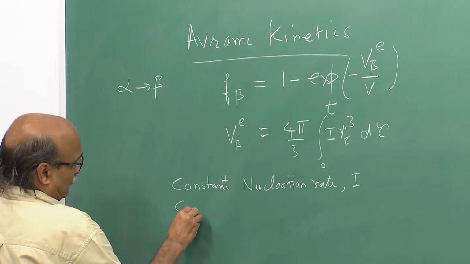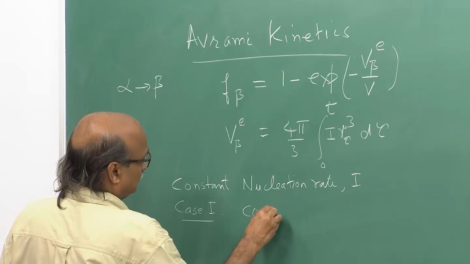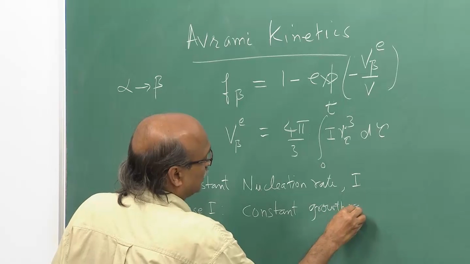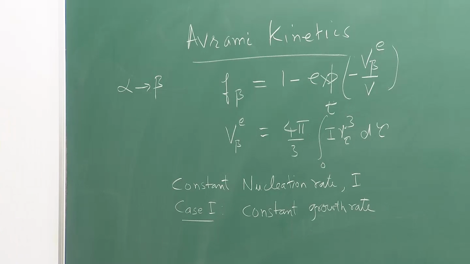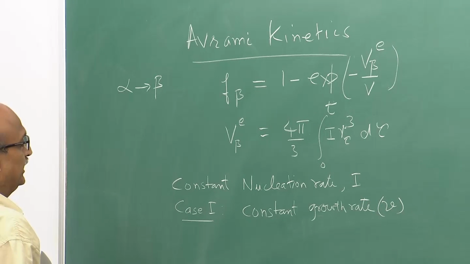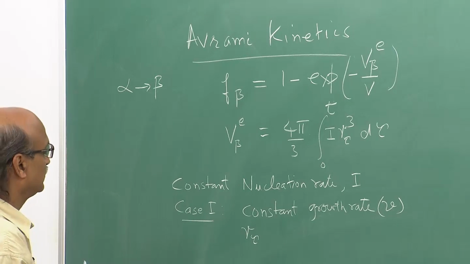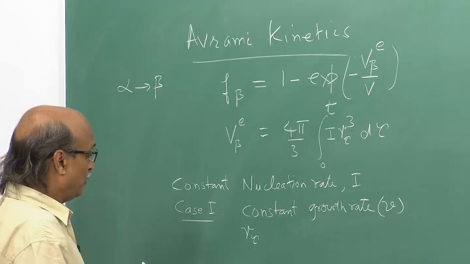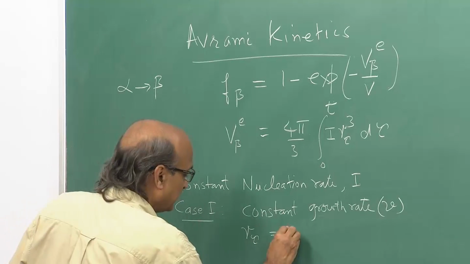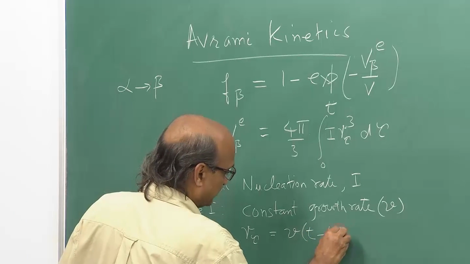And in case 1 we considered constant growth rate given by V, and therefore the size of the nuclei which nucleated at time tau would be, at any time t, the growth rate times the instant of time t minus tau.